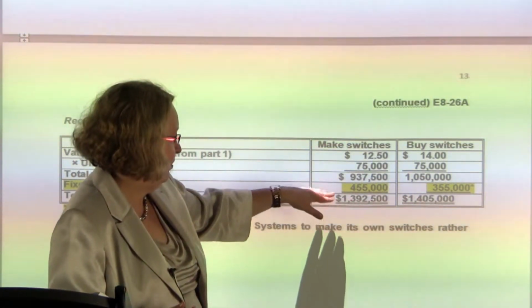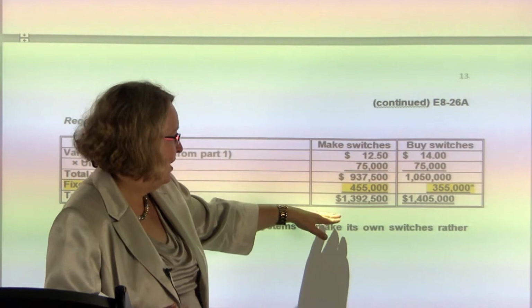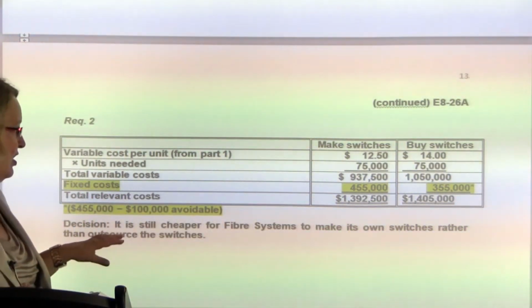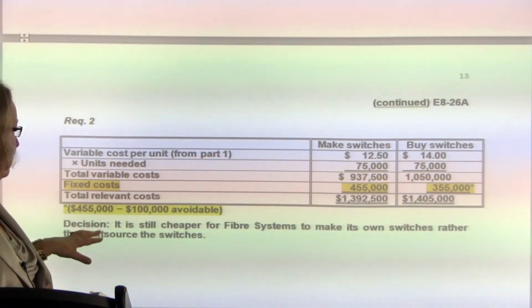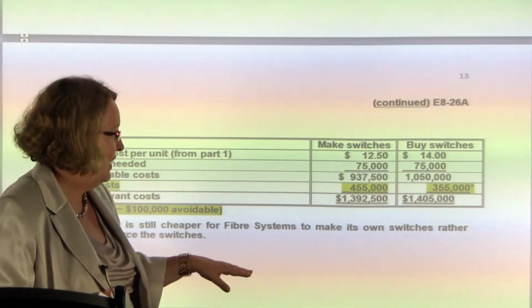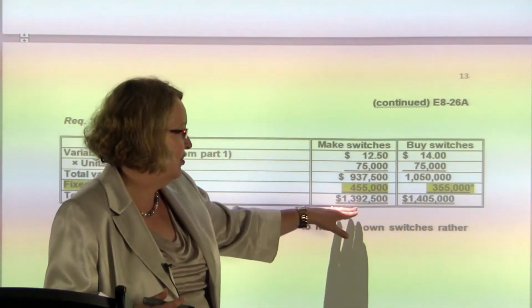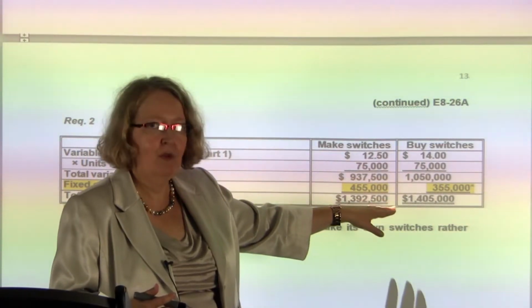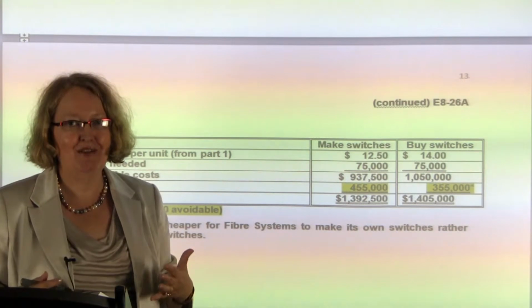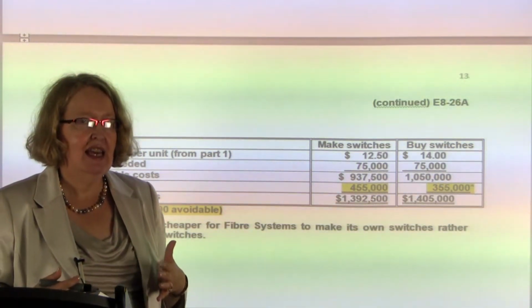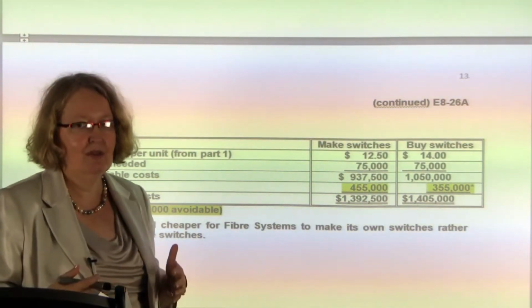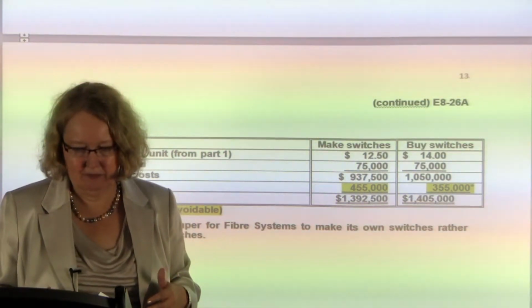So when you do the math here, it turns out that it's still cheaper for the company to make its own switches, because the cost to make the switches is $1,392,500 versus $1,405 million. So even though you're saving the $100,000 in fixed cost, it's still not enough to make it attractive to outsource for that particular product.